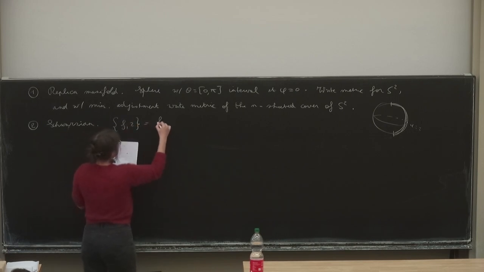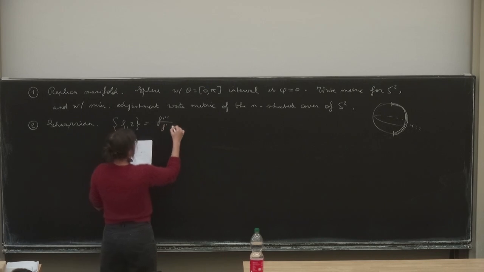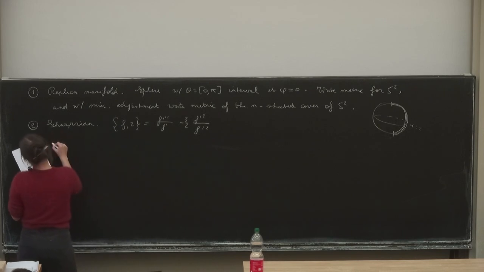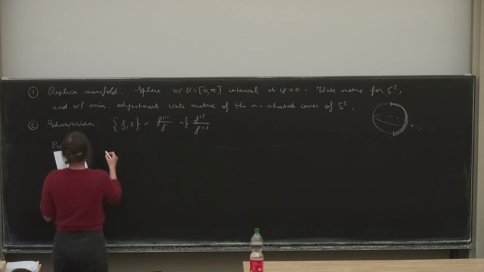So the Schwarzian is defined, let me repeat it. So this is not an exercise yet, this is just me listing some properties that I think are useful to know.